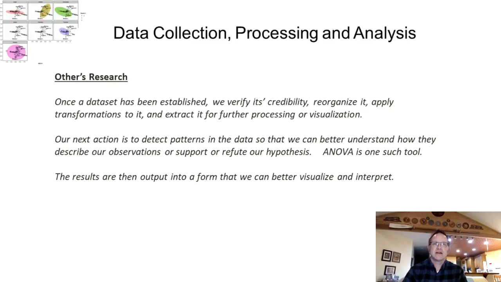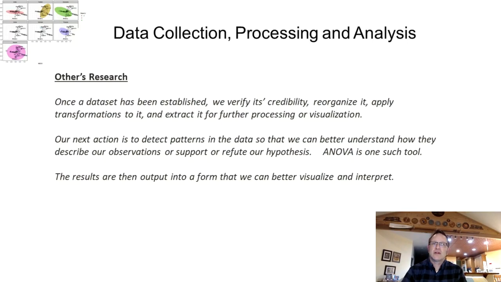So once you've established a data set and you've verified its credibility, and when I say credibility, you want to see that there are more than just one literature review on the subject, that you reorganized it, you may have applied some transformations to it, and then you can extract it for visualization, meaning you put it into bar charts or linear charts for regression analysis.